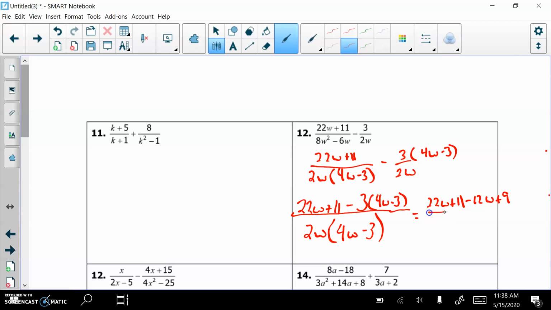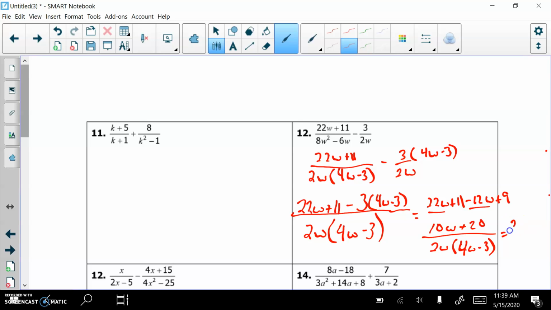So 22w minus 12w is 10w, plus 11 plus 9 is plus 20, all over 2w parentheses 4w minus 3. All right, here's how annoying this is.